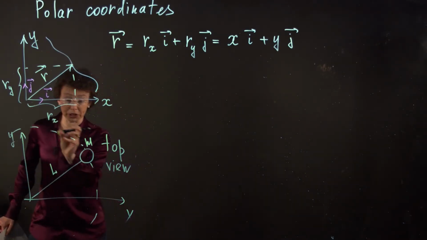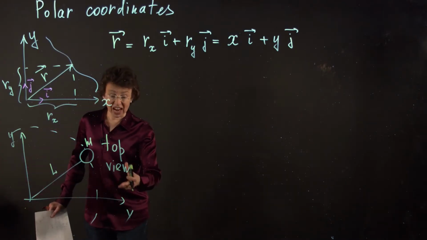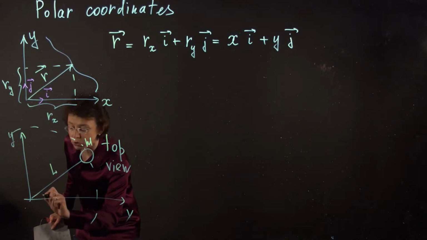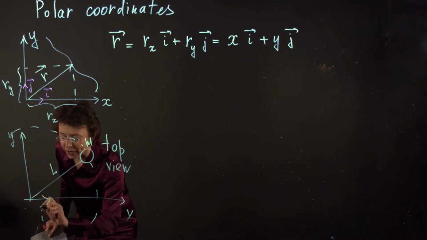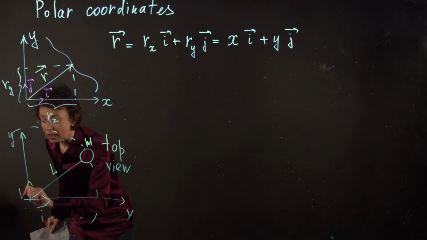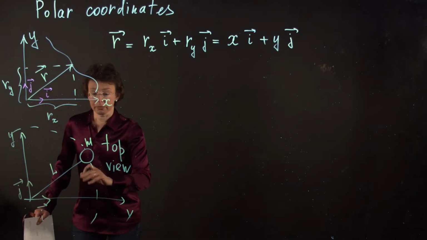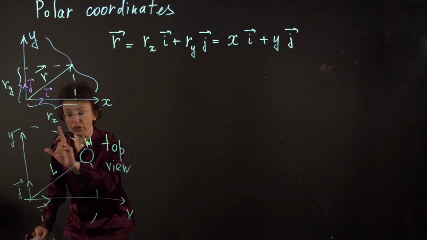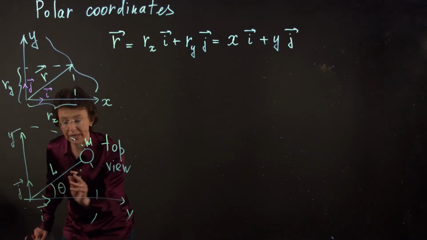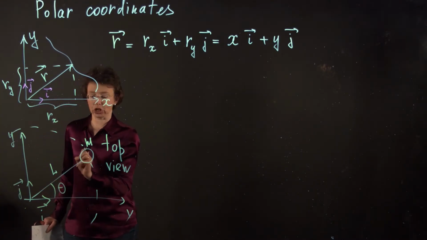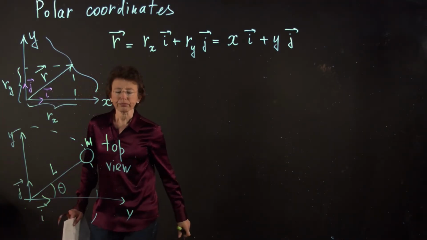So this object is moving, and if we start describing it in terms of fixed unit vectors i and j, it would be a nightmare. Because every time the object is rotating, which means theta changes, but i and j are fixed.